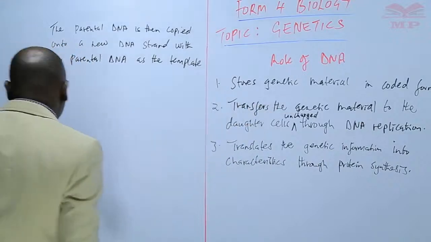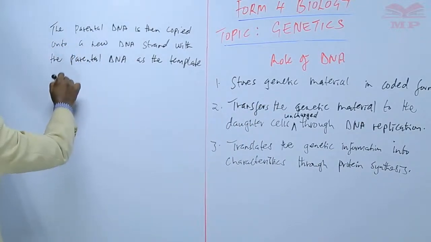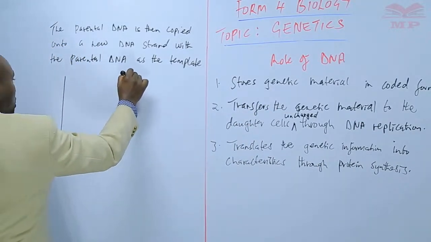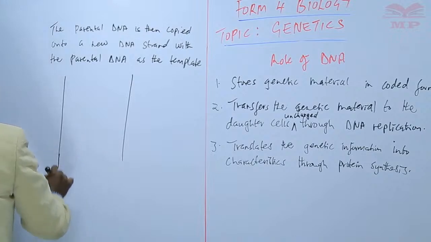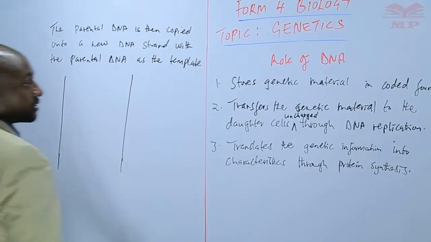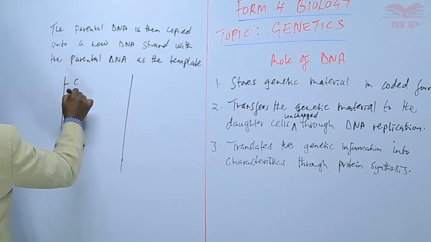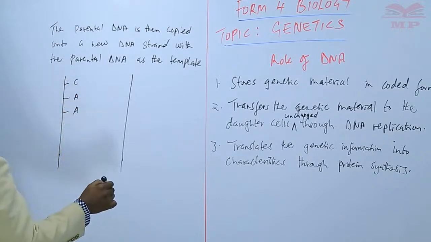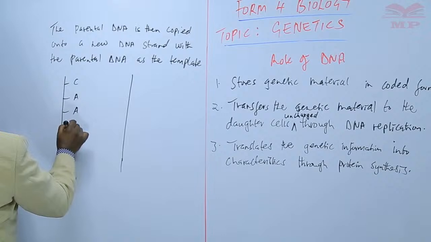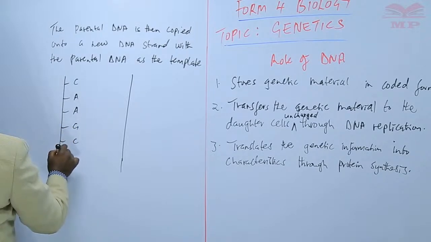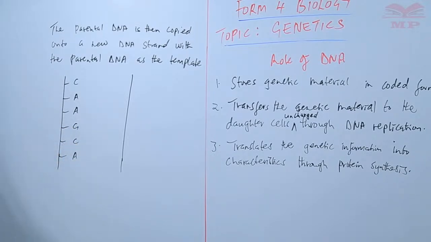So we're going to repeat the same, but now showing the new DNA forming. So the first one was cytosine, adenine, guanine, cytosine, adenine.